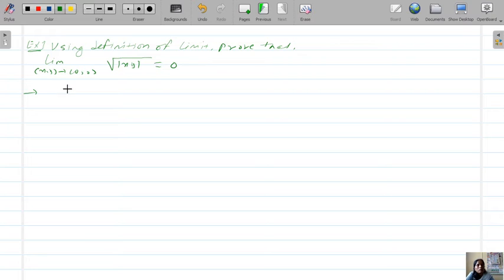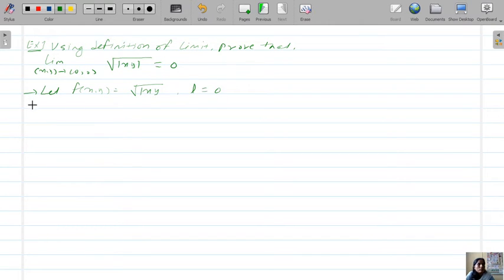So we don't need repeated limit, but if you want, you can compute repeated limit, and in both ways you will get it is equal to 0. So let f of xy be your function, square root of mod xy.